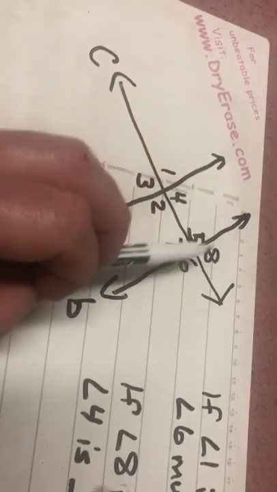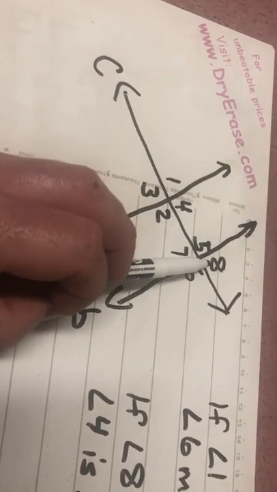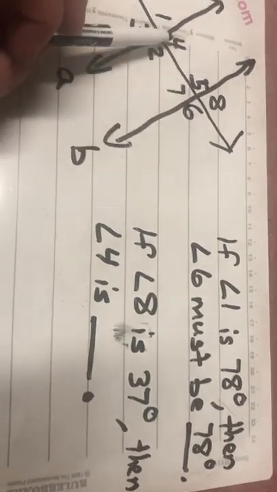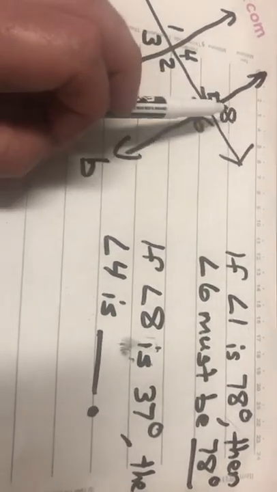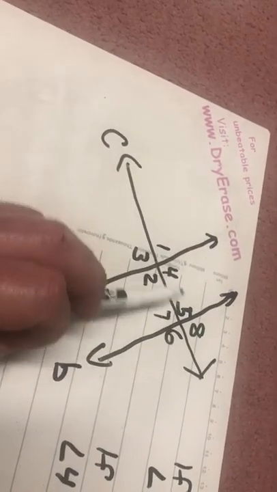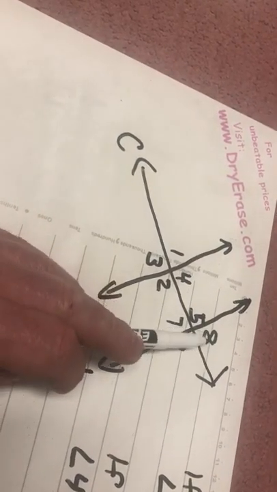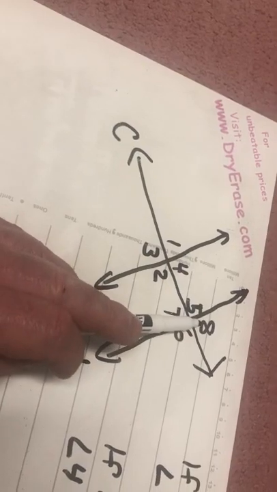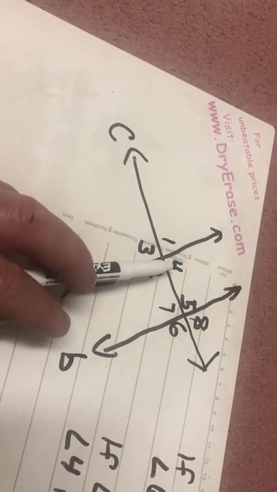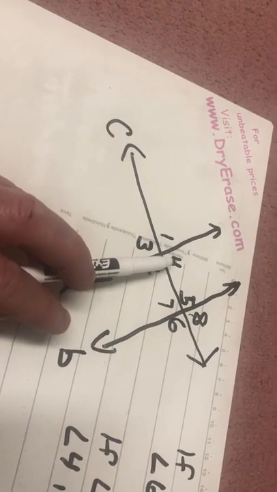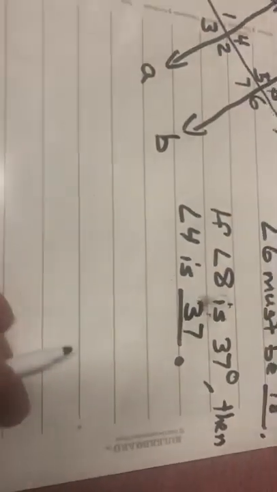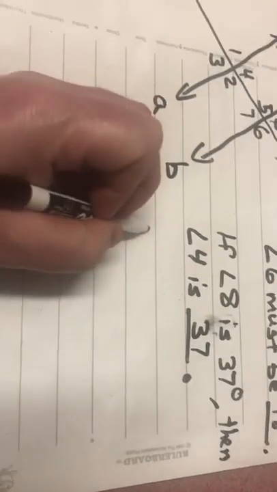So if angle 8 is 37 degrees, which is this one right here, then angle 4 must be, well, if I look at angle 8 and angle 4 is right here, I should notice that those are in corresponding spots. They're both kind of in the top right that I see. So if this is 37 degrees, this one here in the corresponding spot must be equivalent. It must also be 37 degrees.